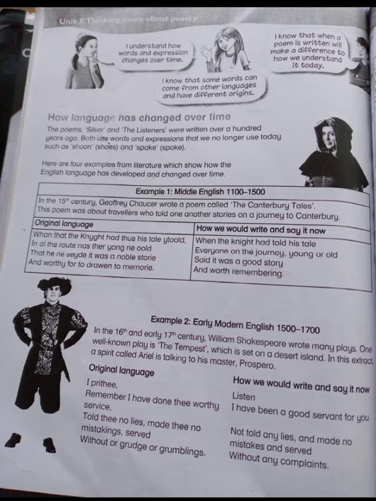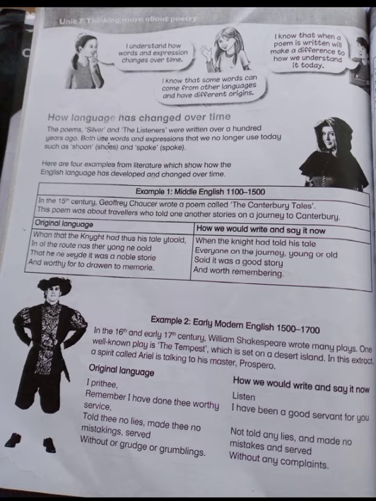Here on page 108, Example 1, Middle English, 1100 to 1500, Geoffrey Chaucer wrote The Canterbury Tales, which was about travelers who told one another stories on a journey to Canterbury. So we have the original language, and then we have how we would write and say it now.